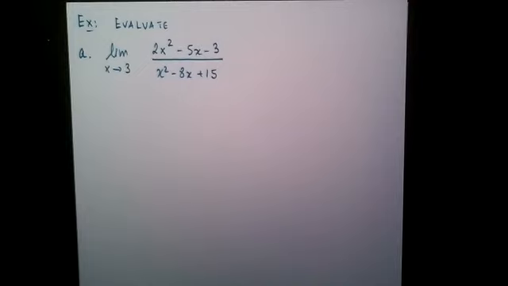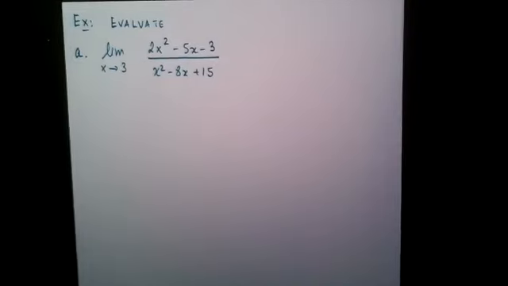Should I do it right away or do you want to try it? Let us try. Okay, try it, and in the meantime, I'm going to set you up with the second one. Of course you could do L'Hopital's rule. You're allowed to do whatever you want now.